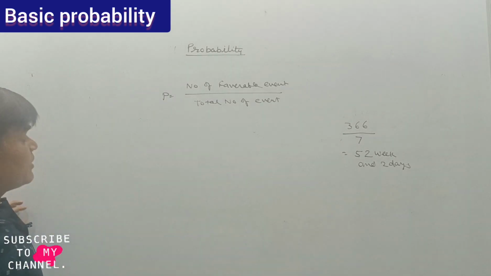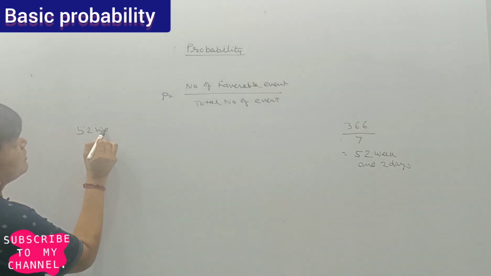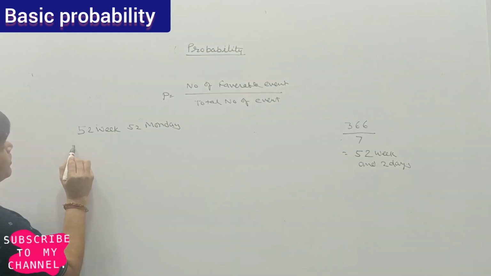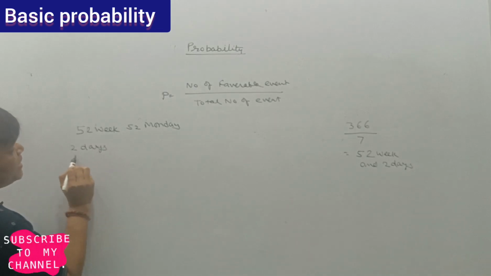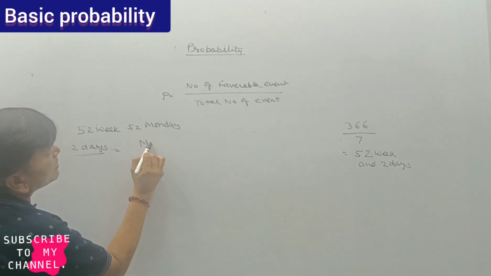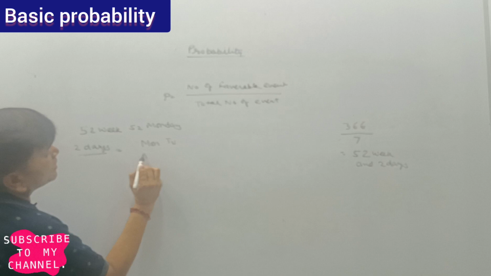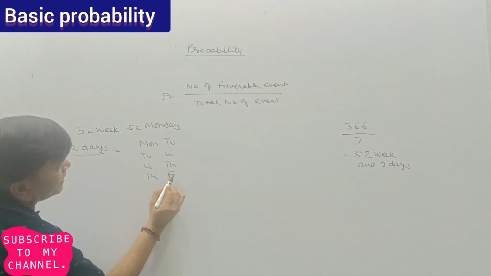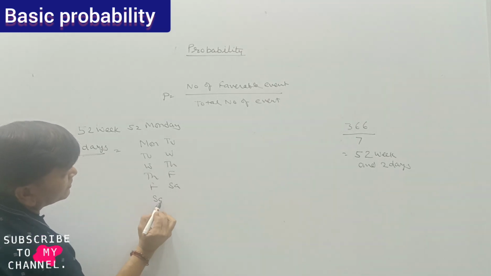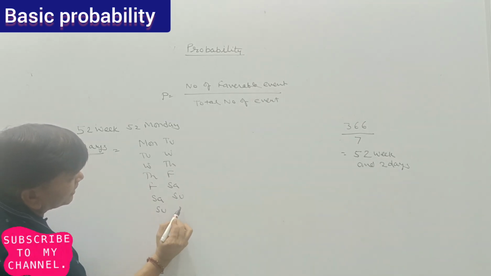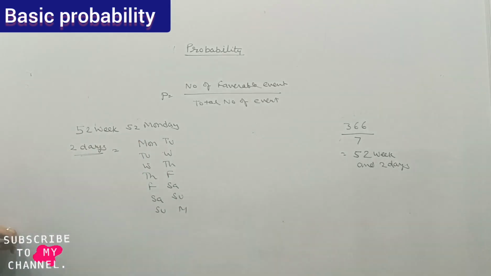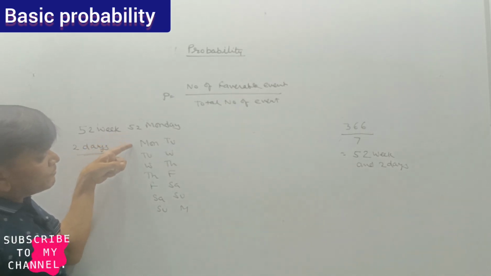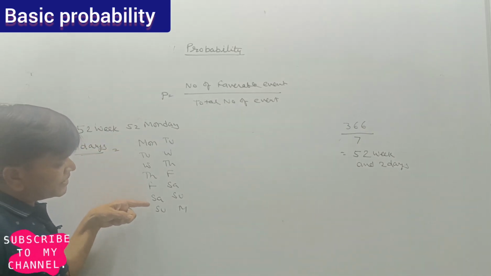So the first 52 weeks give 52 Mondays, and these 2 days may be Monday-Tuesday, Tuesday-Wednesday, Wednesday-Thursday, Thursday-Friday, Friday-Saturday, Saturday-Sunday, or Sunday-Monday. So the total number of events is 1, 2, 3, 4, 5, 6, 7.